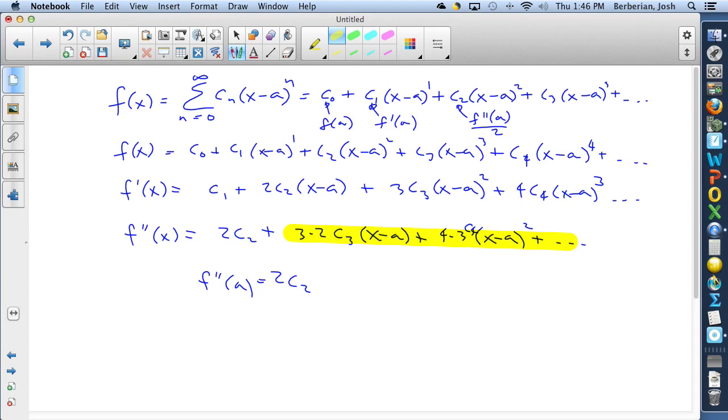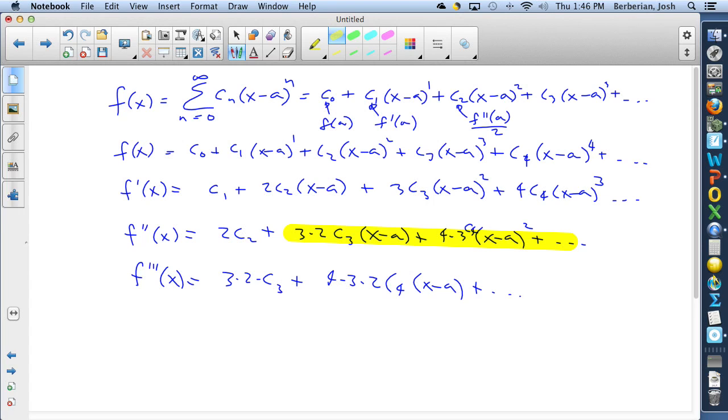You want to guess? The third derivative of a over 3. Alright, so is it going to be over 3? It'd be nice if it was like over 1, over 2, over 3. But that's not quite how it works out. If we take the third derivative, we're going to get 3 times 2 times c3 plus 4 times 3 times 2 c4 times x minus a.